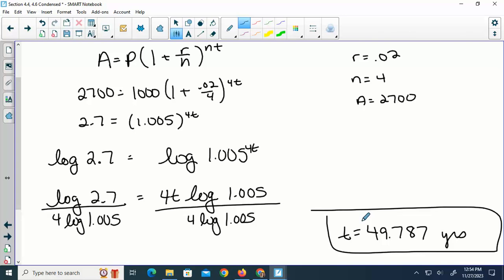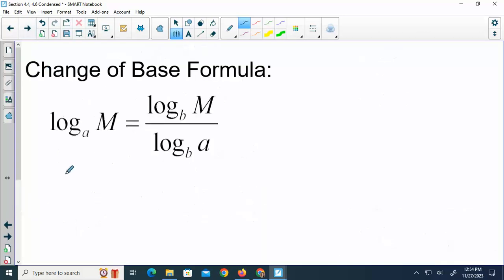The final thing I wanted to talk about is the change of base formula. So I think that's on the front. Log base A of m, you can change to any base you want by doing log of the argument divided by log of the current base.